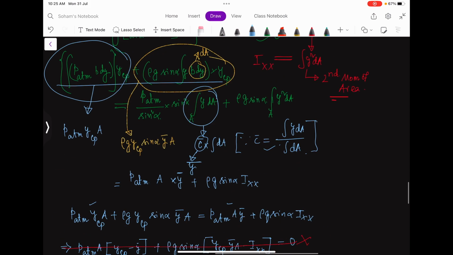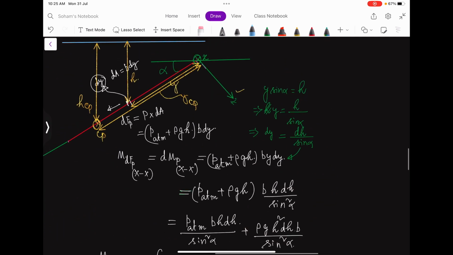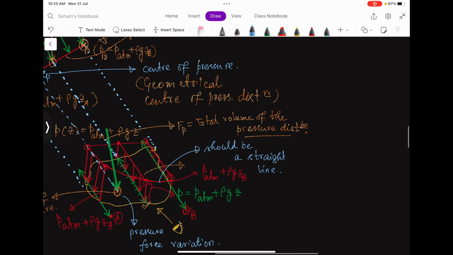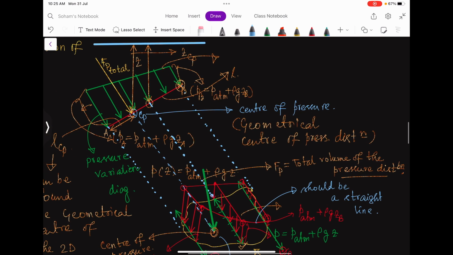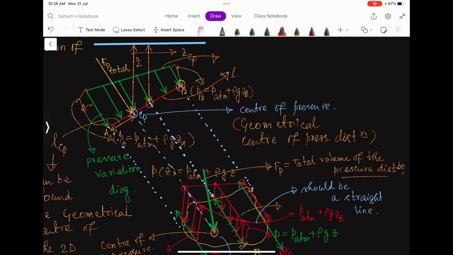And also there is a very good concept: this pressure variation is just because of the hydrostatic variation. If I draw a line here, all these are concepts that should be in your mind.